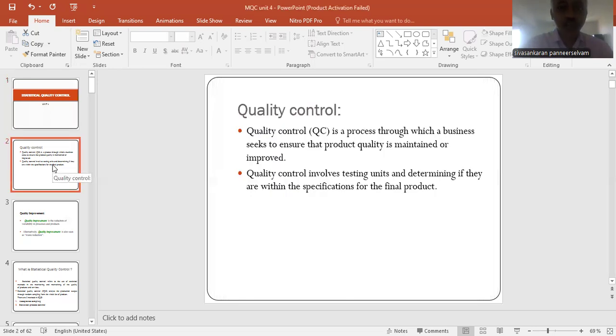So what exactly is meant by quality control? In the manufacturing process, many components are produced at different rates as per the capability of the machineries.